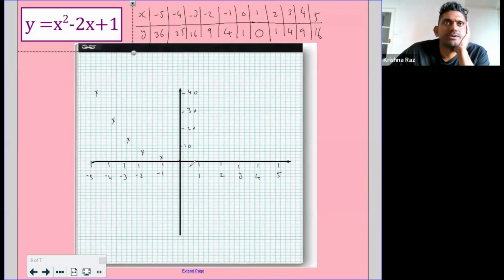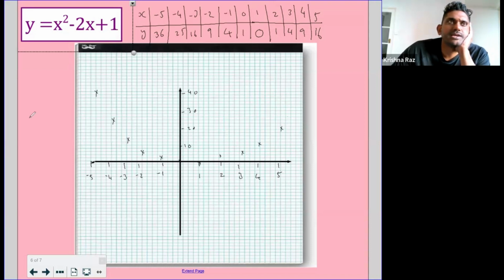So 1 goes to 0. And 2 goes to 1, then it goes back up. 3 goes to 4. 4 goes to 9. And 5 will go to 16.